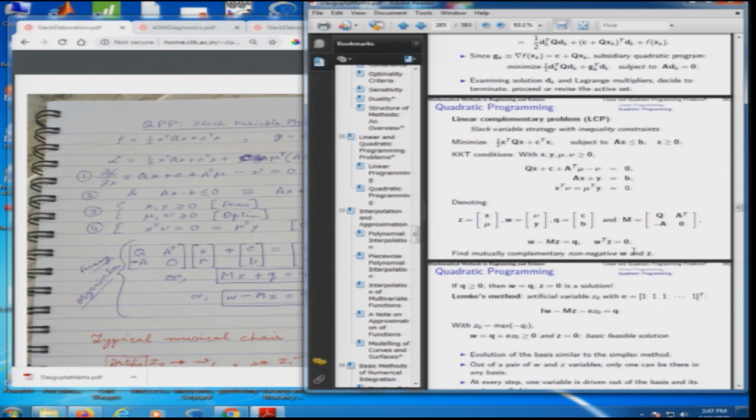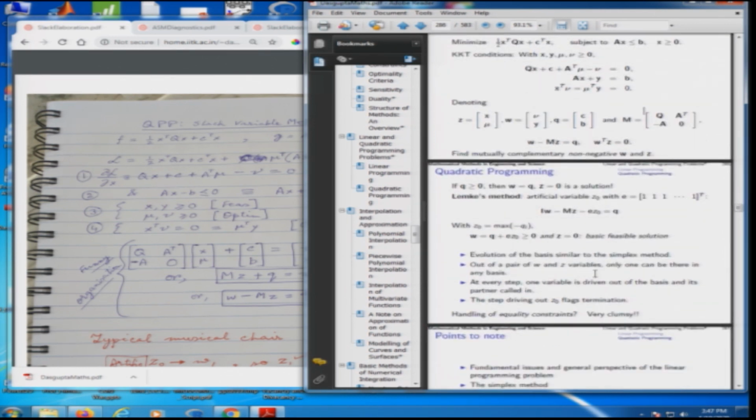And as we try to solve it, to begin with, we make this observation: what if it happens that all these q's are non-negative? Then, if some of them are positive and some of them are 0, you simply say z equal to 0, entire z equal to 0, and entire w will then become equal to q, which is acceptable, positive or 0.